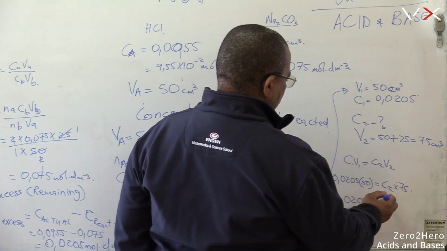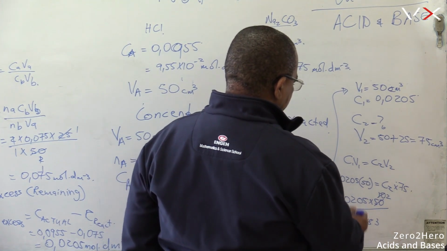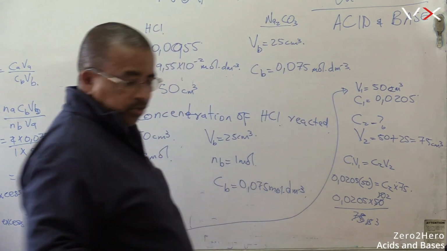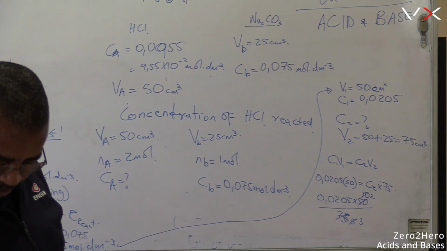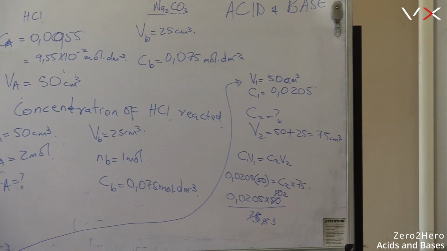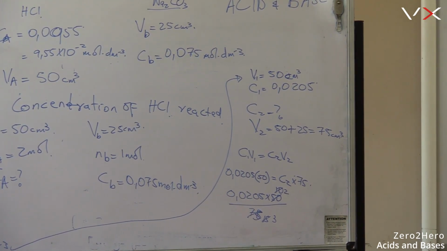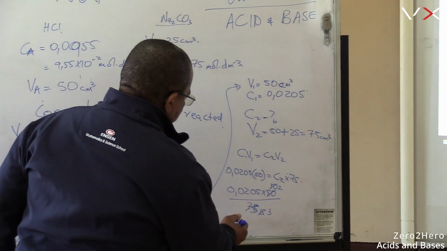5 goes into 10 two times and into 15 three times. So 0.0205 times 2 gives 0.041, divided by 3, I get something like 0.0137.